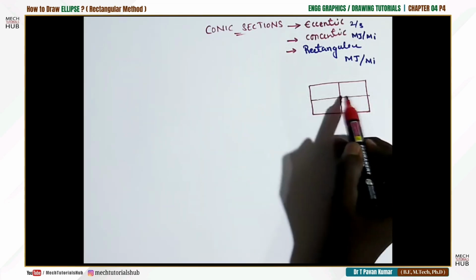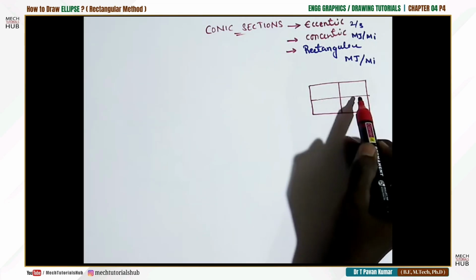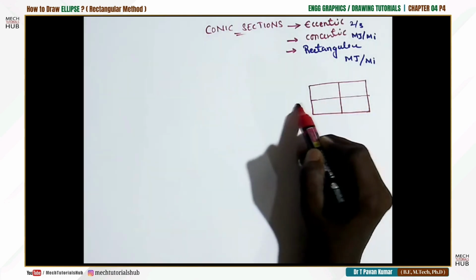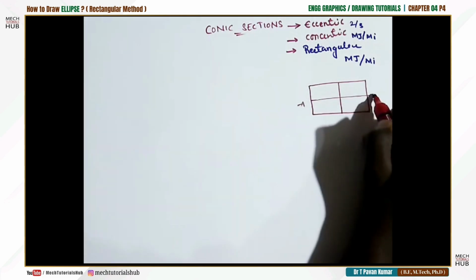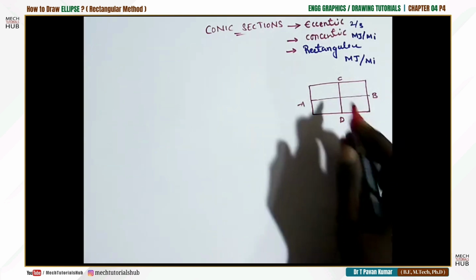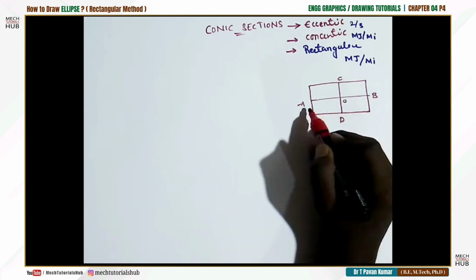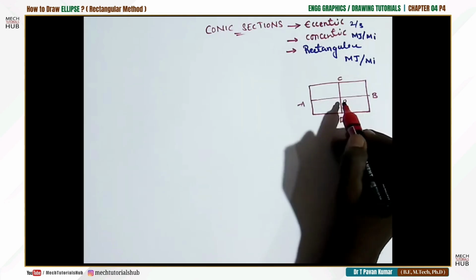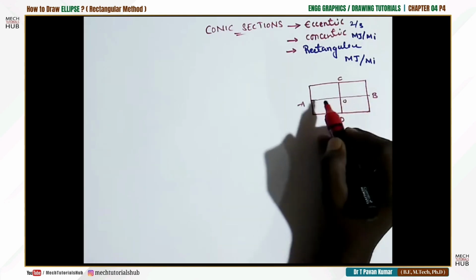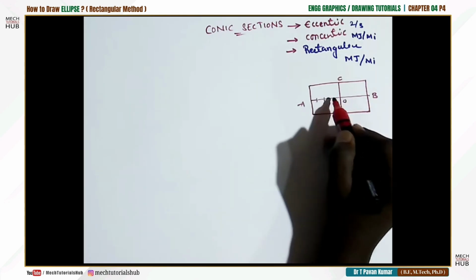Then take this half, right half or left half of the vertical. Try to name it for your understanding. Let us consider this as AB, this as CD. Let us consider the center as O, AO. I'll try to divide this AO into a number of segments, maybe for example 1, 2, 3.